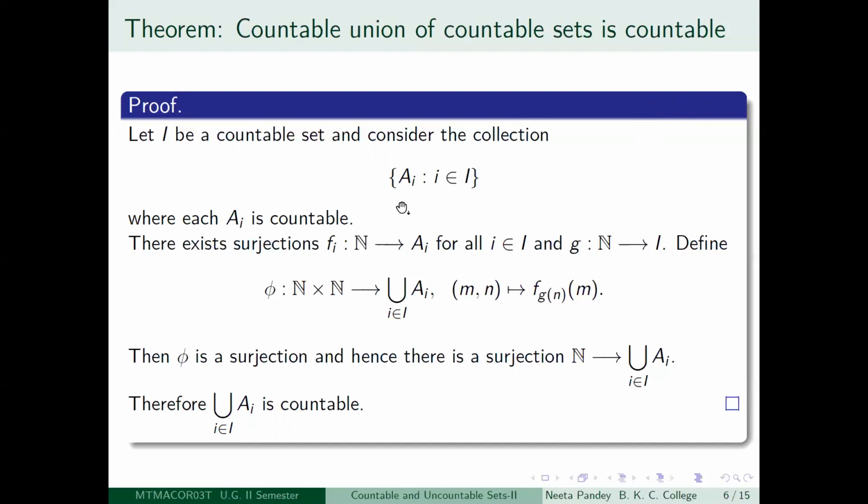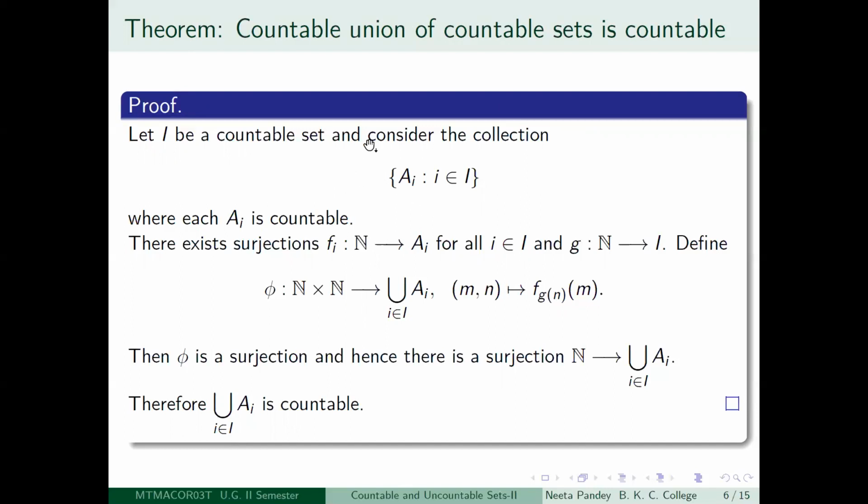Now that collection itself should be countable, meaning that you have a set which is countable, say capital I, this is called the index set, and corresponding to every little i belonging to I, suppose capital A_i is a countable set. It may be finite or countably infinite. Okay, so that is the meaning of a countable collection of countable sets.